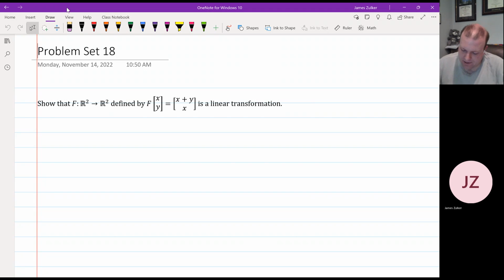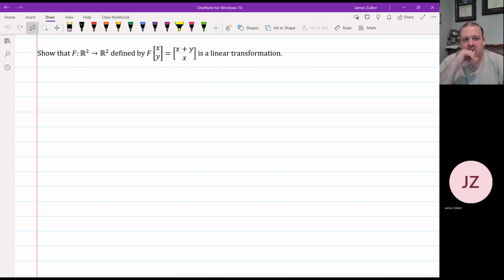So I want to show that the mapping f from R2 onto R2, defined by f of (x, y) equals (x plus y, x), is a linear transformation. Okay, so we have to show that it satisfies the two properties of linear transformations, specifically that f of u plus v is f of u plus f of v, and then f of k times v is equal to k times f of v.